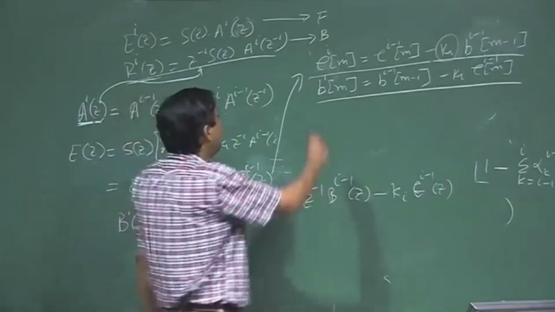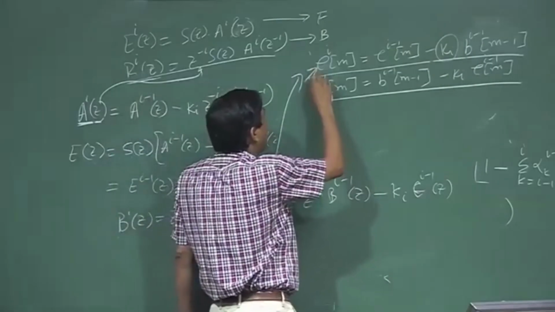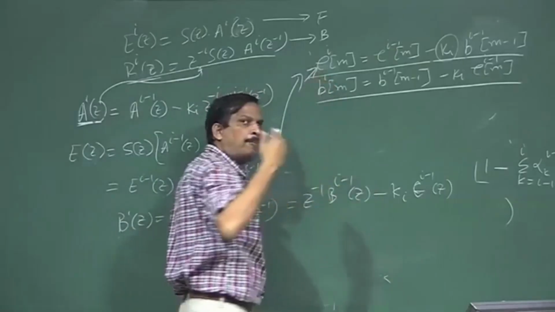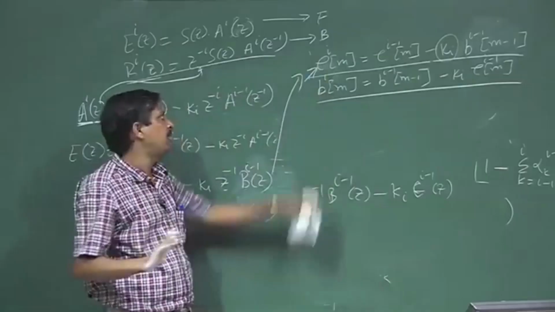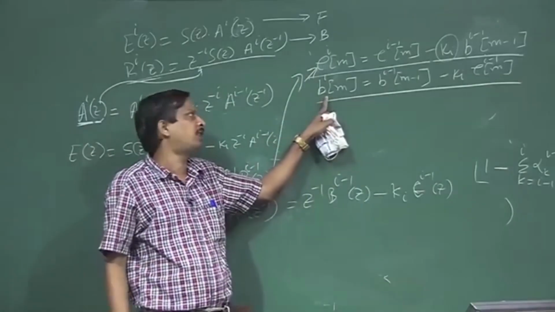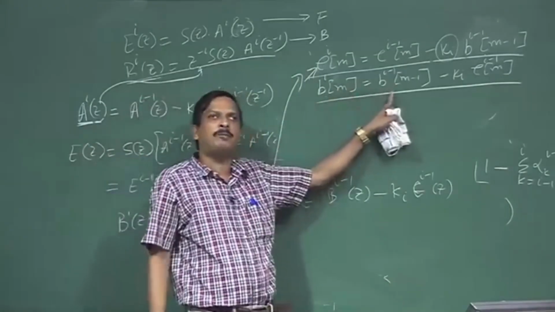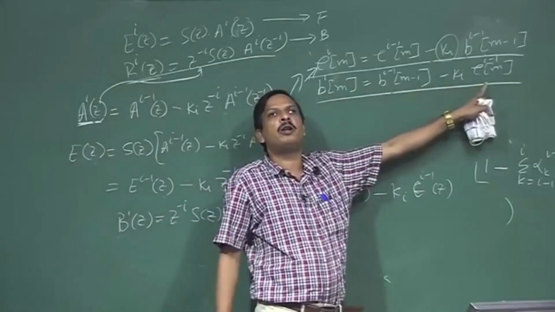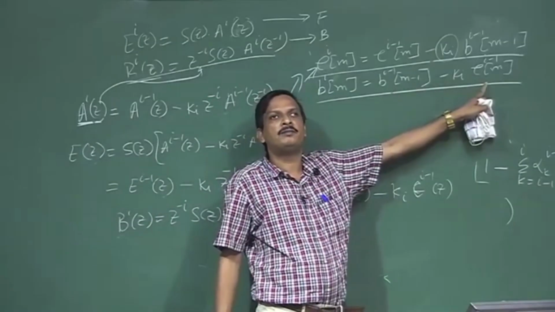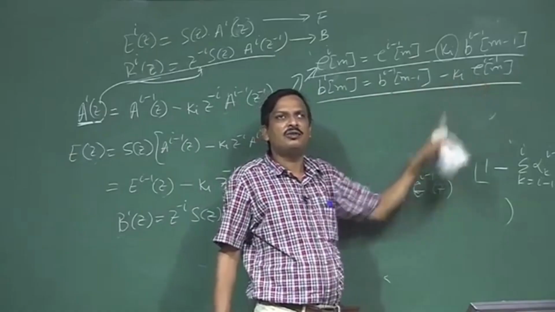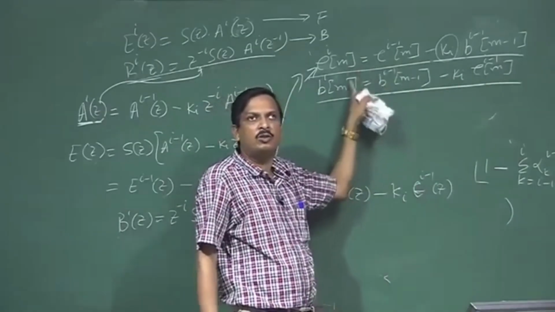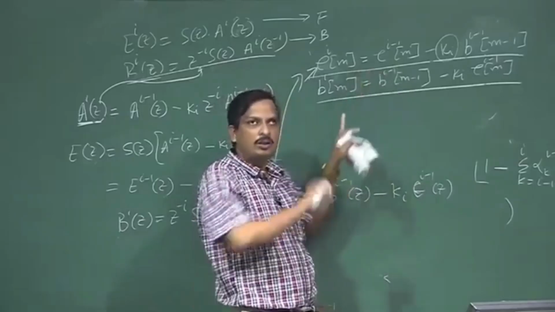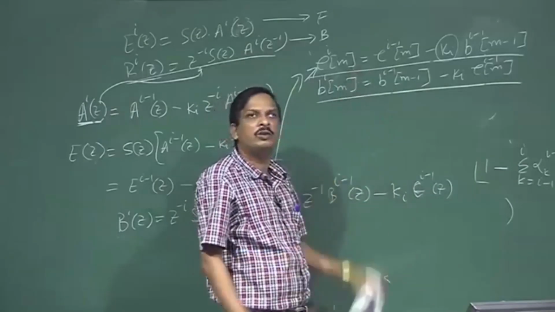So the forward prediction error can be expressed in terms of the previous forward and backward prediction errors. Similarly, the backward prediction error can be expressed in terms of the previous backward prediction error and previous forward prediction error. Okay. Next class we want to discuss how we draw the signal flow diagram, what should be the pictorial or signal flow diagram of these two equations. Okay. Thank you.